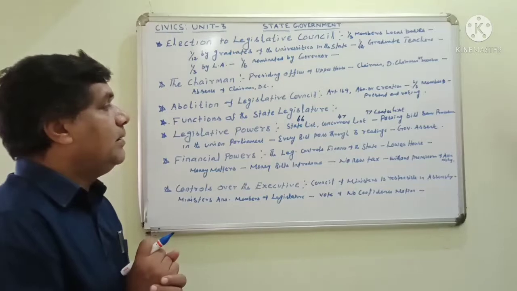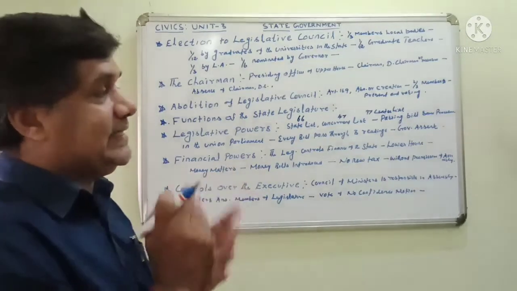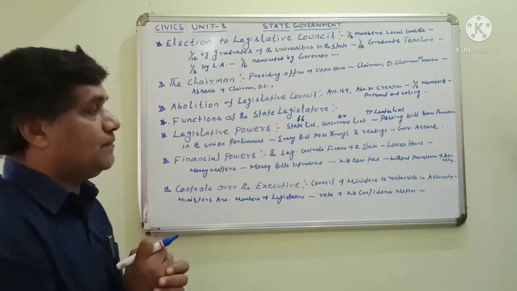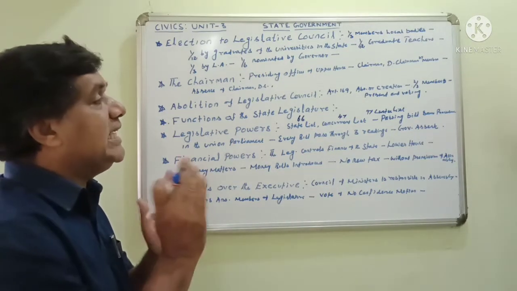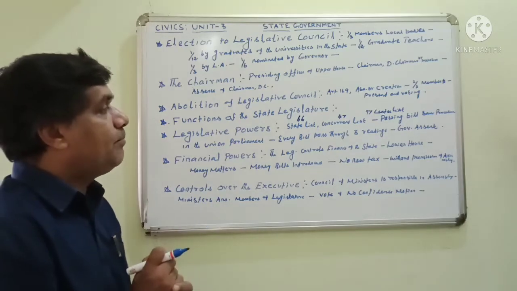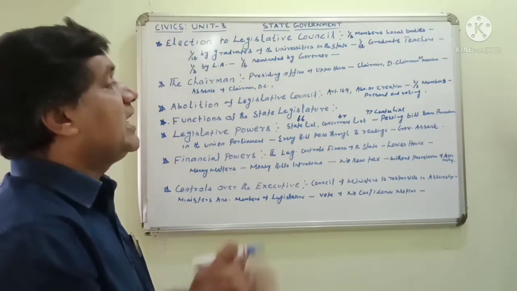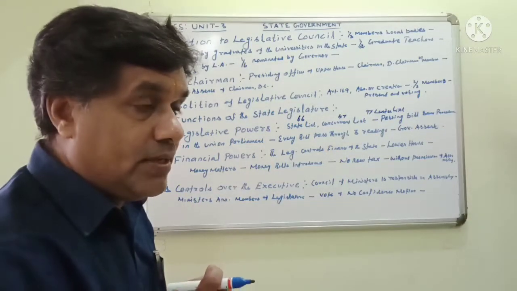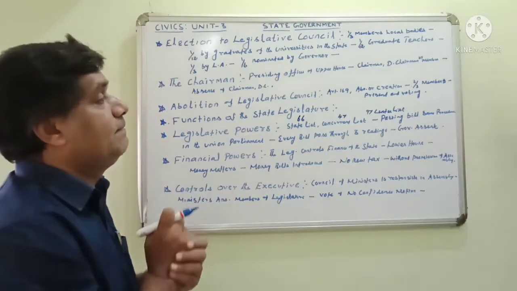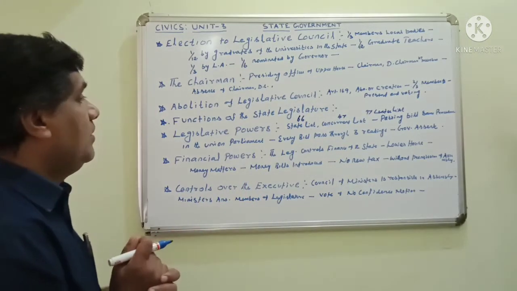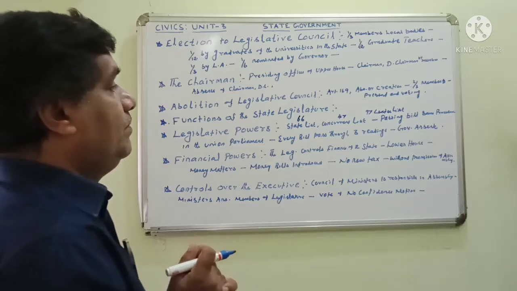Every bill is passed through three readings. Before any bill becomes law, the governor's assent is necessary. Assent means permission, and it is necessary for passing the bill.